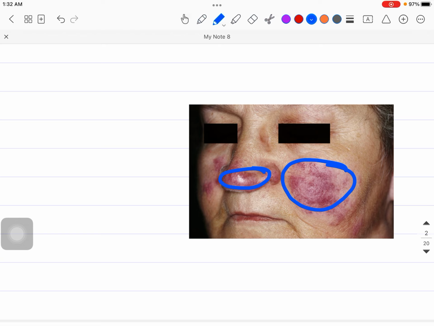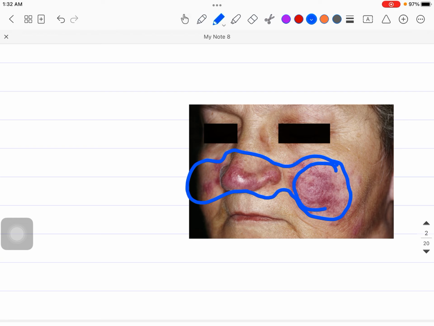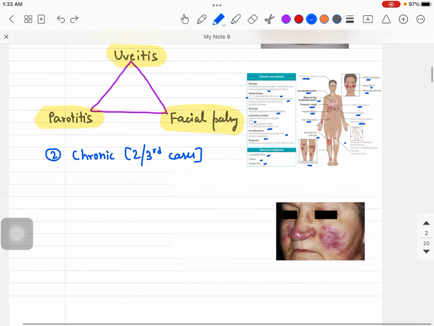The malar rash shows the complete picture, but here you can see a different location, with discontinuity in between. So this is not the butterfly rash which you appreciate as the malar rash in SLE. This is not the SLE rash. This is the lupus pernio, which is seen in secondary sarcoidosis.